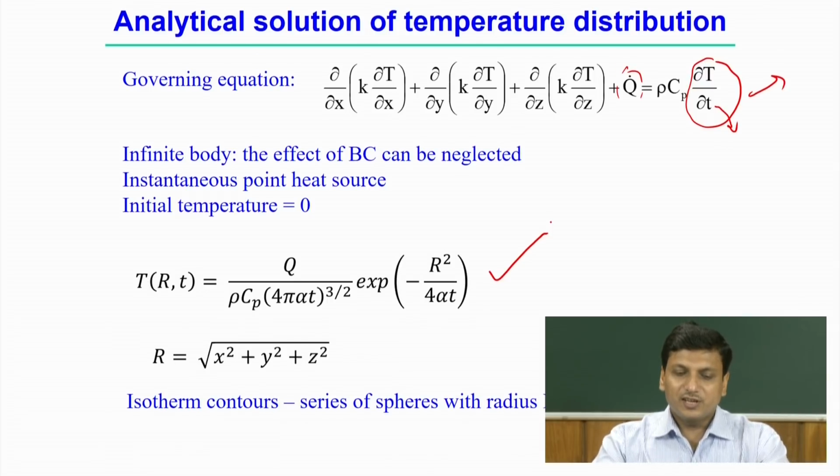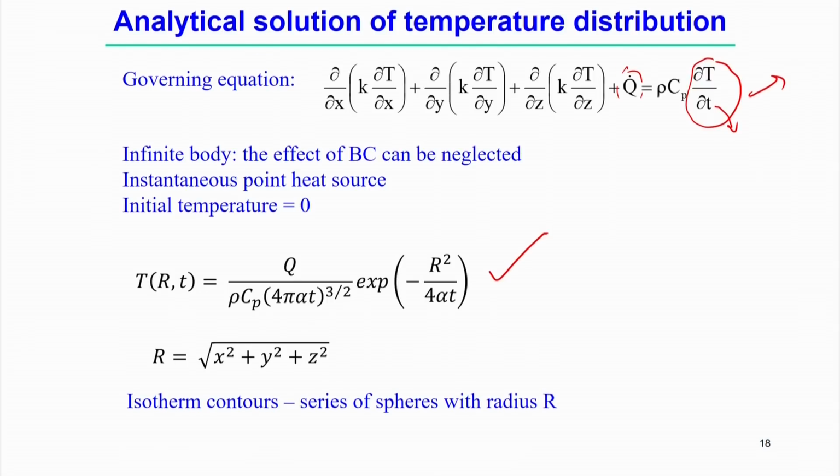T as a function of space variable r and time t, and we can find the solution like that, and it is related to all the parameters. That means Q is the amount of heat supplied here, rho is the density of the material, Cp is the specific heat, and alpha is the thermal diffusivity.